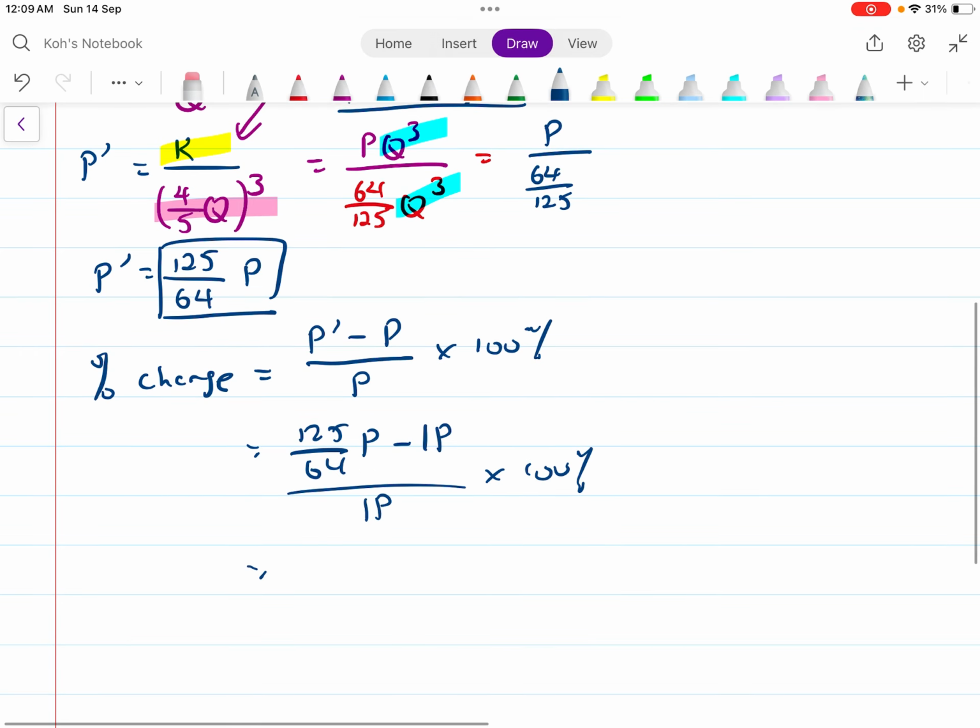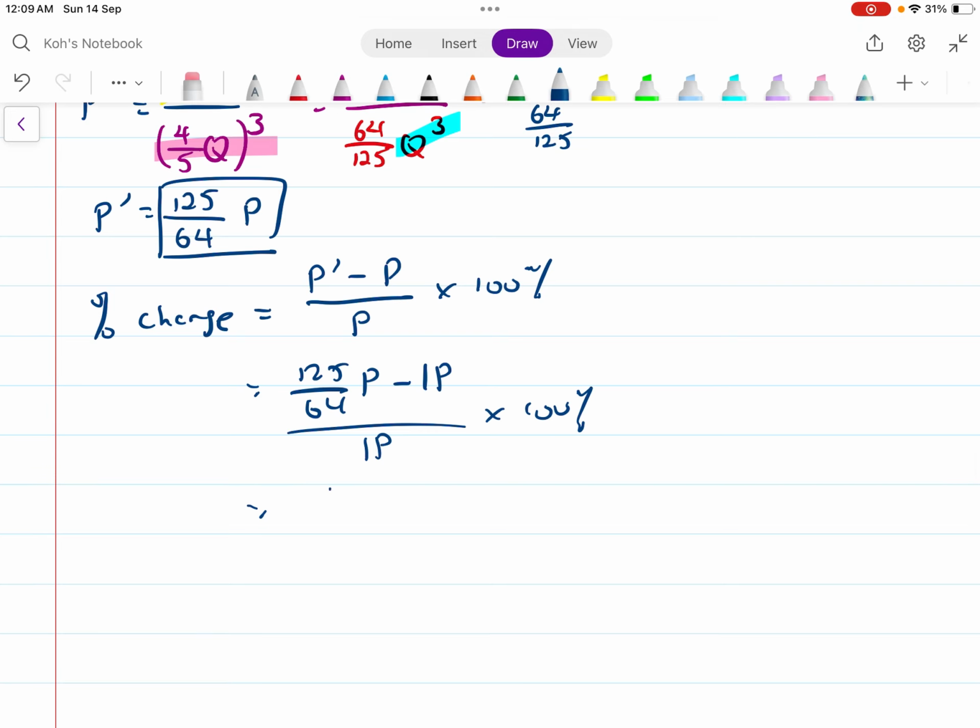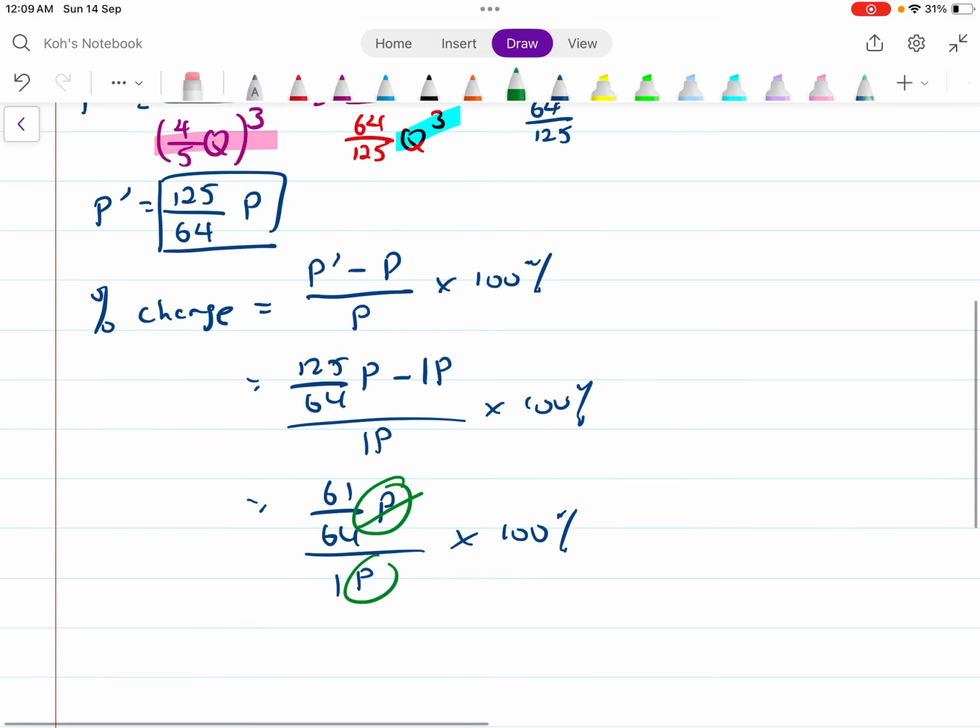The numerator will be 125 over 64 minus 1, which is 61 over 64 P, over 1P. The P's cancel, leading to 61 over 64. Multiplying by 100% gives a percentage increase of 95.3%. That is how we solve this question.